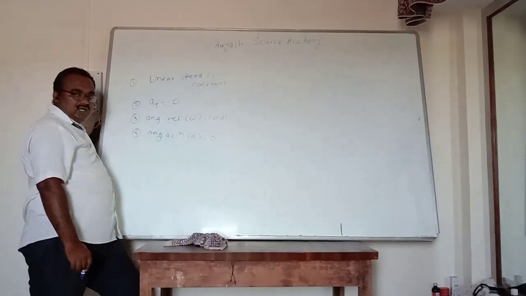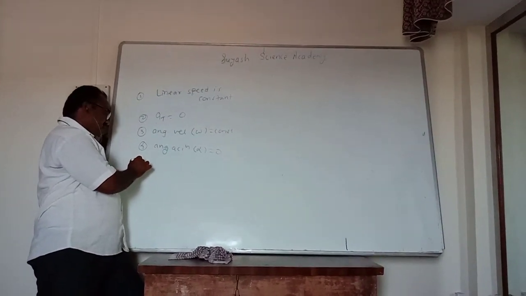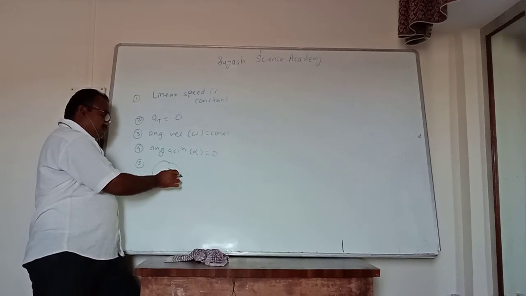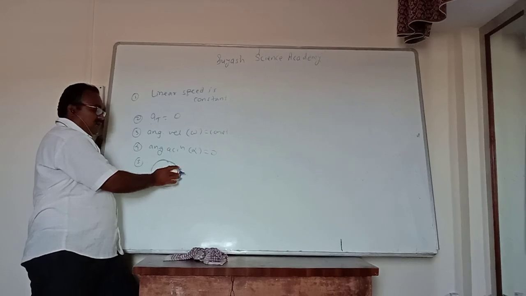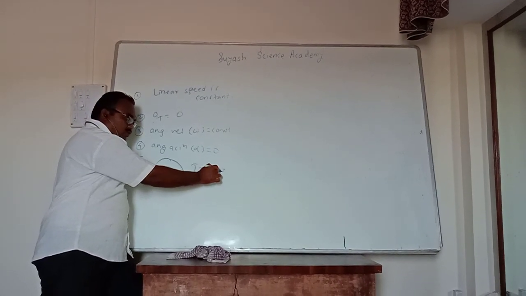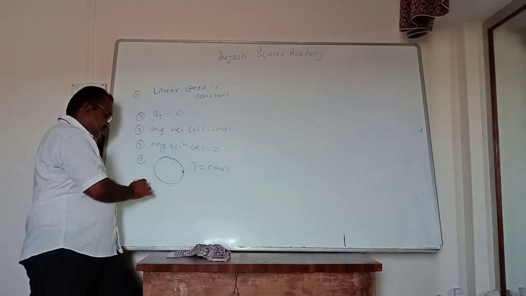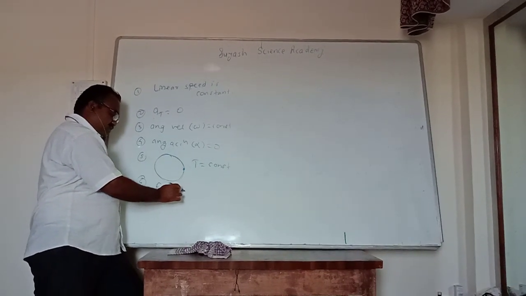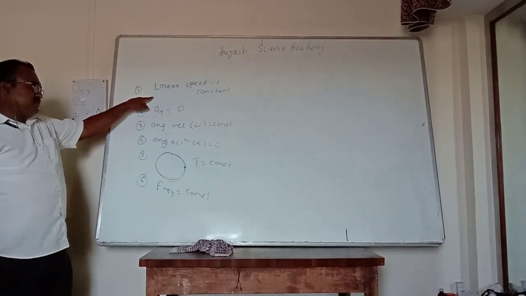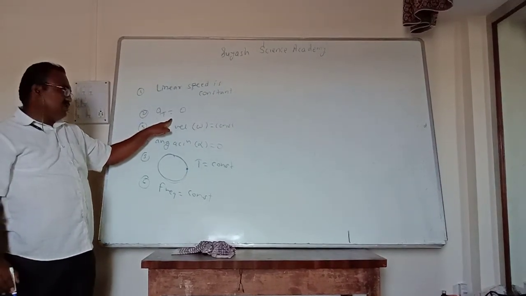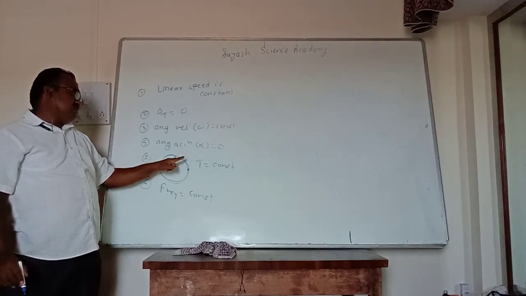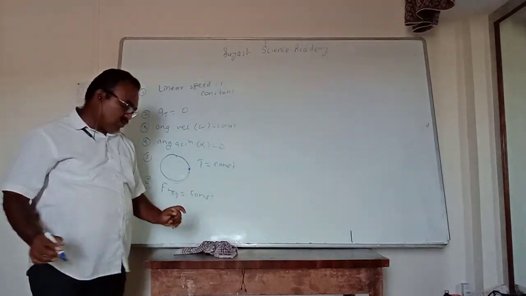As speed is constant, the time period for performing a round around the circle is constant, and therefore frequency is constant. So: linear speed constant, tangential acceleration zero, angular velocity constant, angular acceleration zero, time period constant, frequency constant.